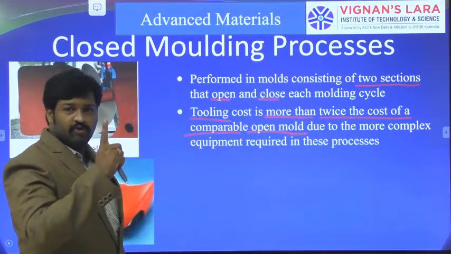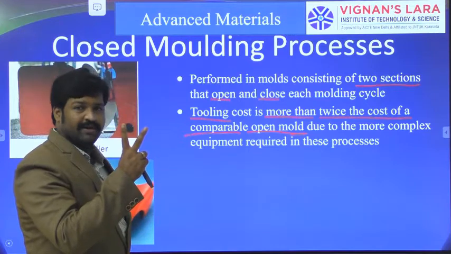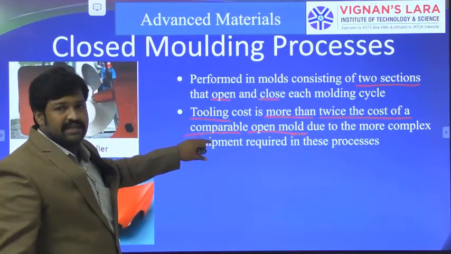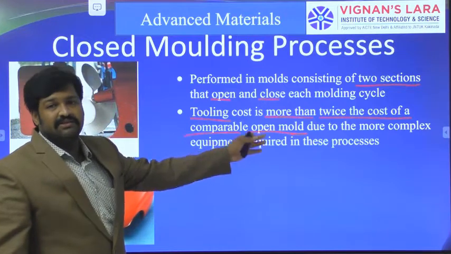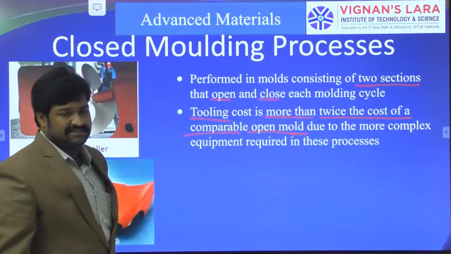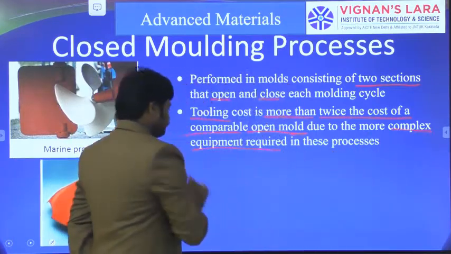In open mold we used only one die, whereas here in the closed mold we use two dies. It is twice that of the open mold process, due to more complex equipment required. Complex in the sense of two dies.